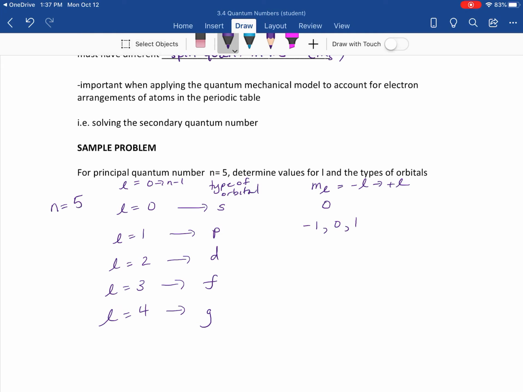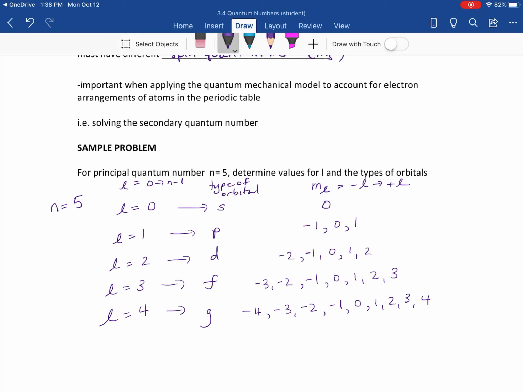When I'm talking about D, I'm talking about negative 2, negative 1, 0, 1, 2. All right? When I'm talking about F, negative 3, negative 2, negative 1, 0, 1, 2, and 3. And negative 4, negative 3, negative 2, negative 1, 0, 1, 2, 3, 4. What does this pyramid mean?